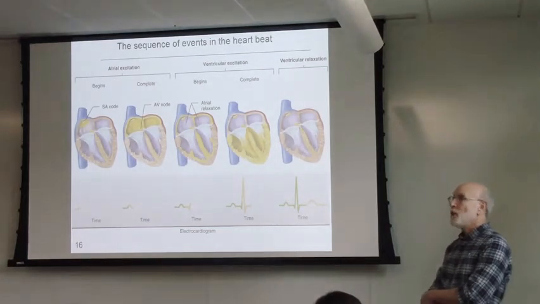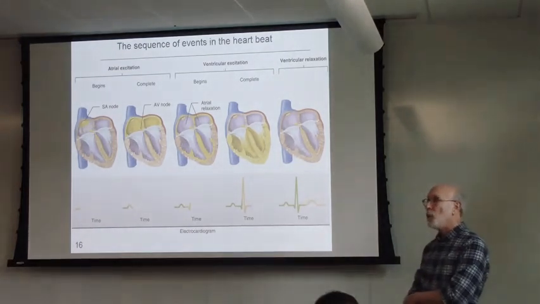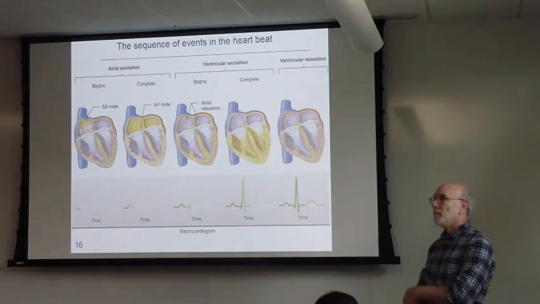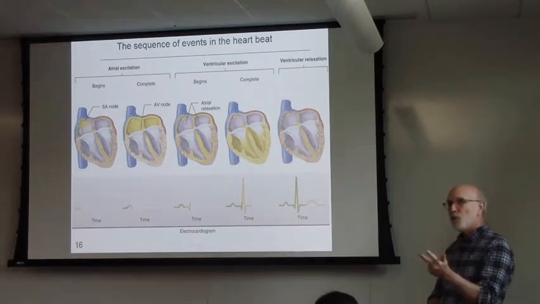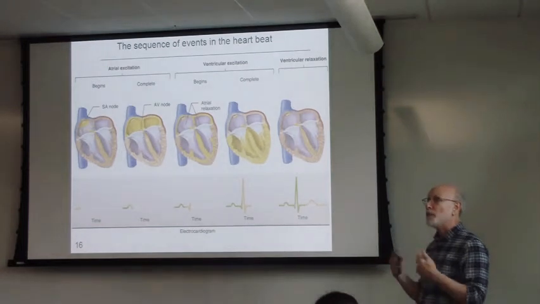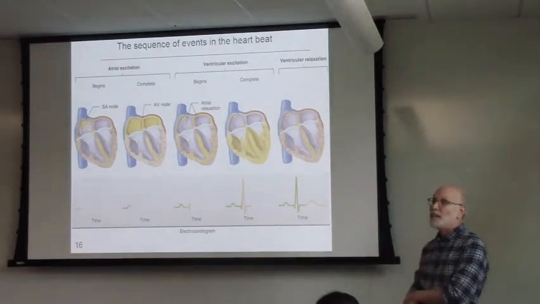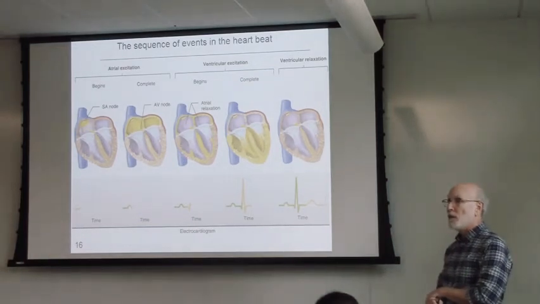Right, okay. So the SA node has an intrinsic depolarization mechanism. Potassium channels close, IH channels open, a few calcium channels open. It spontaneously depolarizes to its threshold and then fires a slow action potential, which then spreads. So that's what makes it the pacemaker.